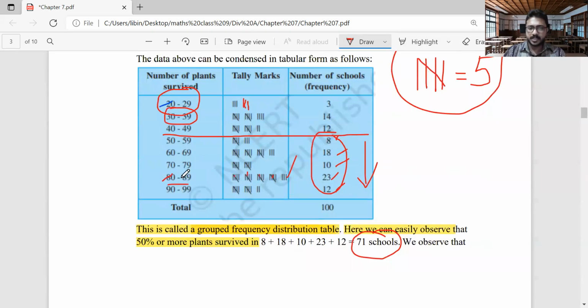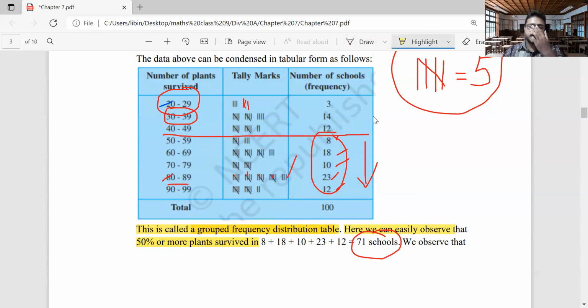That is according to our wish. See, here we have taken 20 to 29. Instead of that, I could take 20 to 39 also. That's also possible, no problem. Or I could take 20 to 25, then 26 to 30, like that. That is also possible, no problem. But in either case, you have to be very careful. That's the only thing.